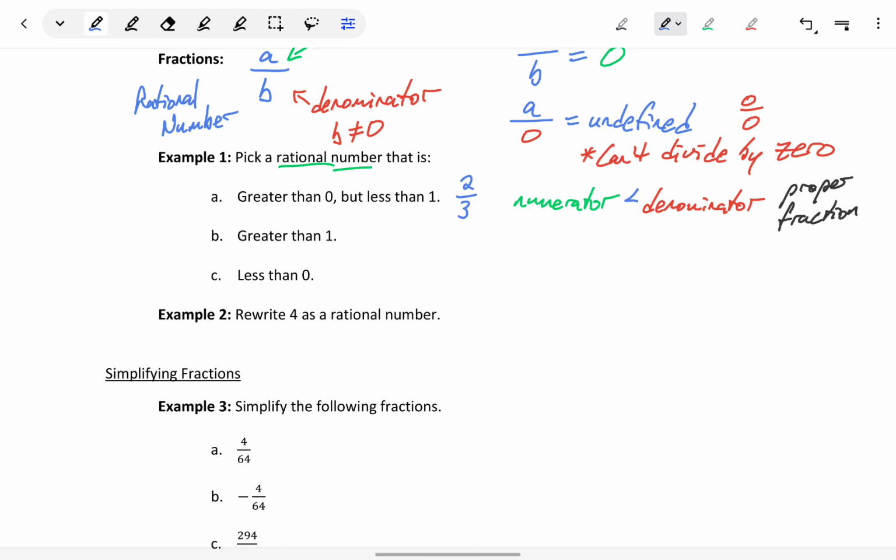In part B, we want a fraction that's greater than 1. Now what we need is a case like 5/4, where now the numerator is greater than the denominator, and we refer to this as an improper fraction.